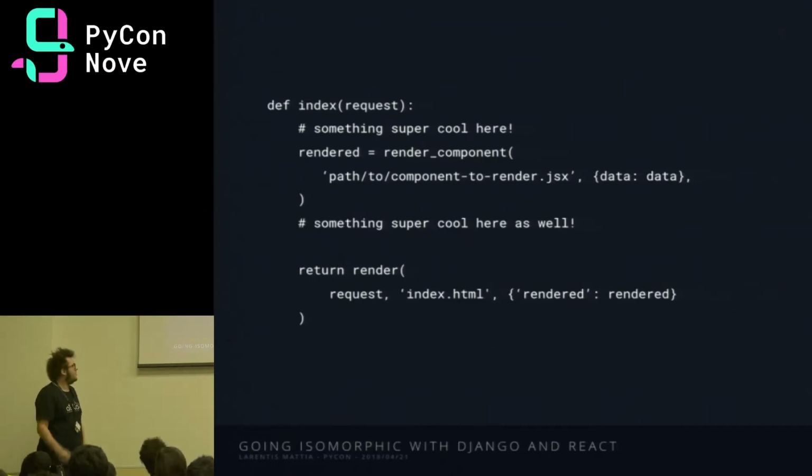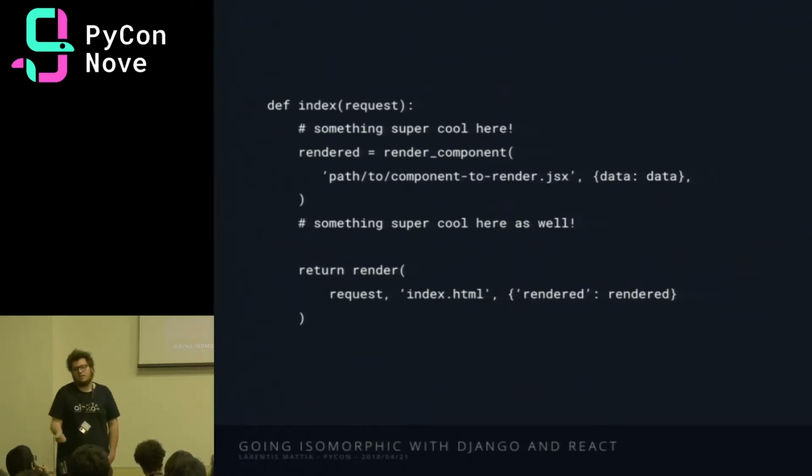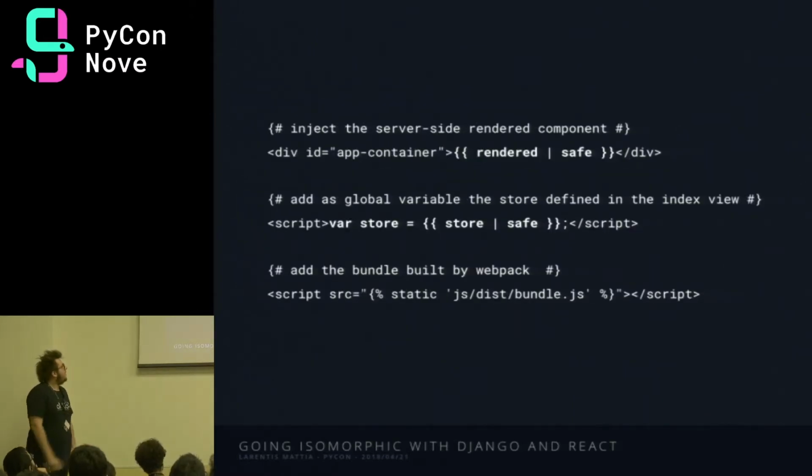I don't know, save that the user downloaded the PDF or whatever, and then render index HTML, passing the rendered component and the data that you want to pass to the front end.